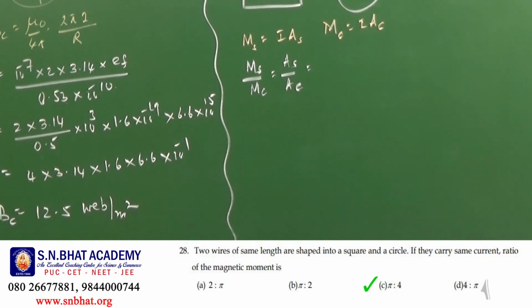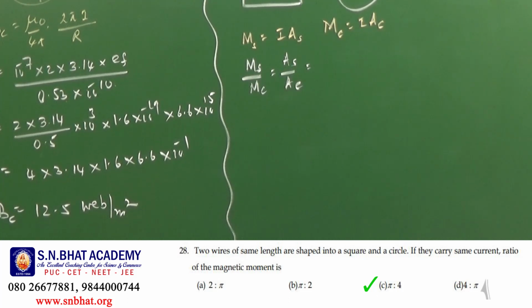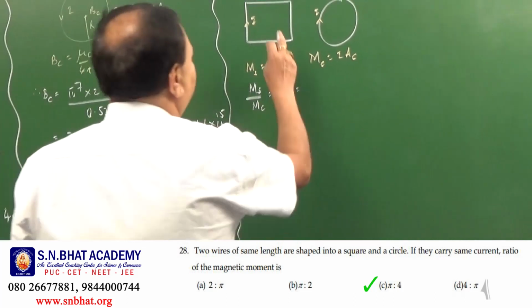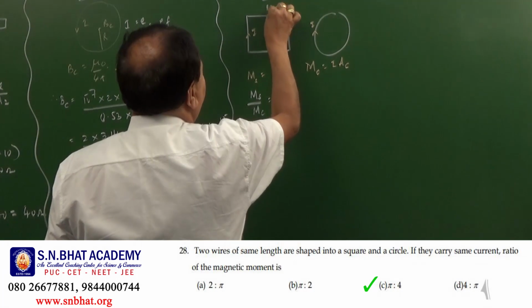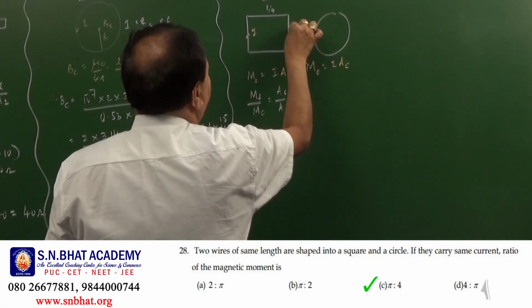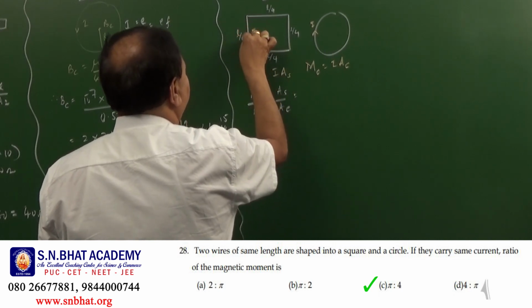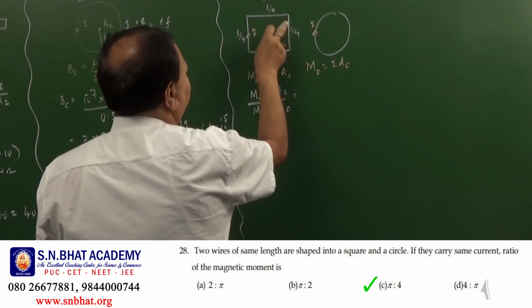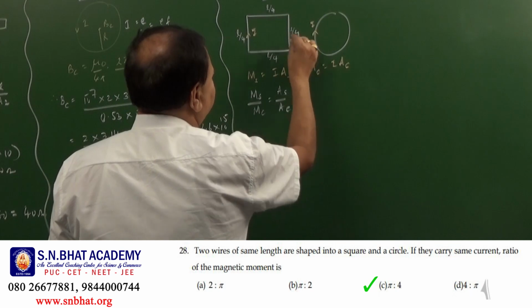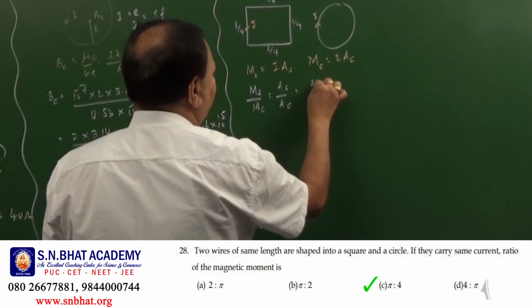Total length is equal to L. So L by 4, L by 4, L by 4, L by 4. Area is equal to L by 4 into L by 4.